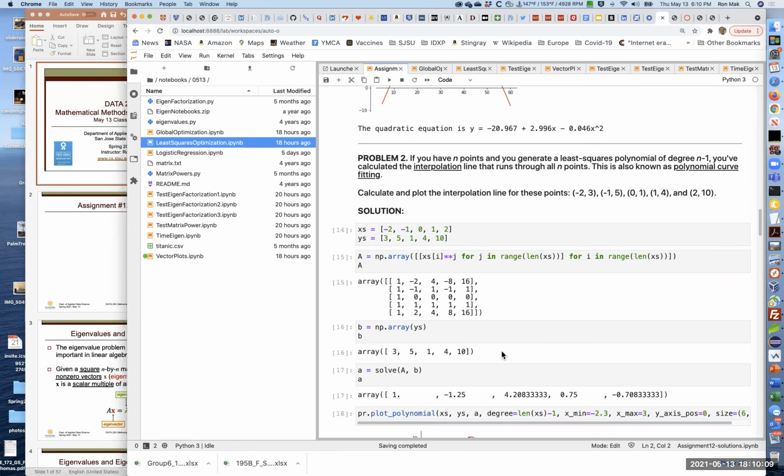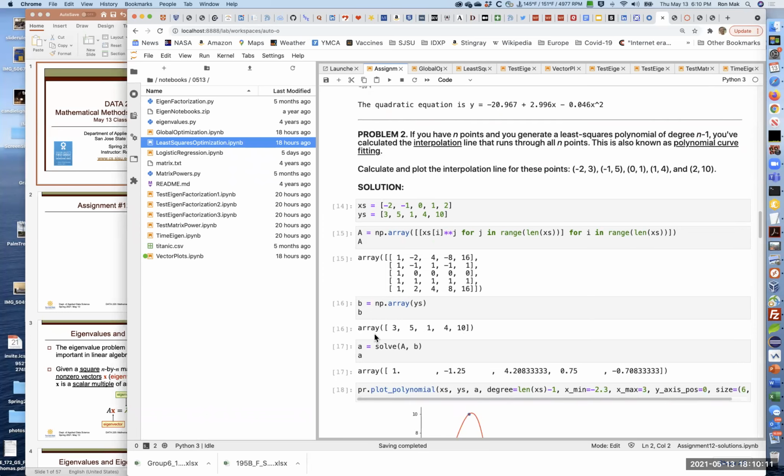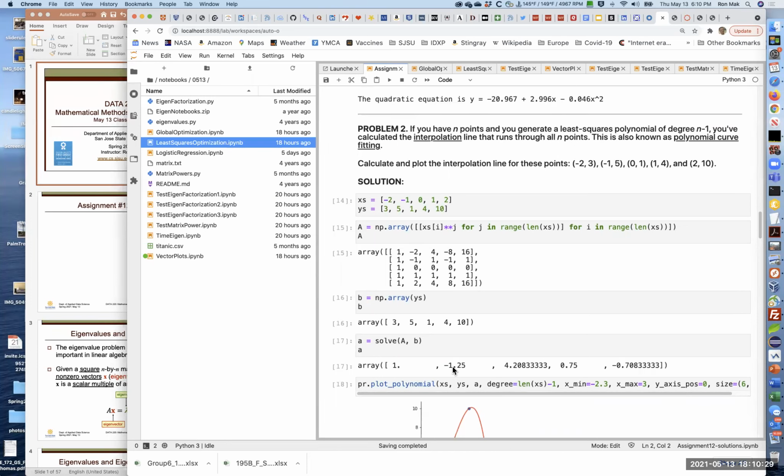Here I just call solve instead of going through the matrix form of the normal equations, because it turns out we do have a square matrix. You have 5 rows, 5 columns. Then we can just use solve, and we get the coefficients of the 4th degree polynomial.